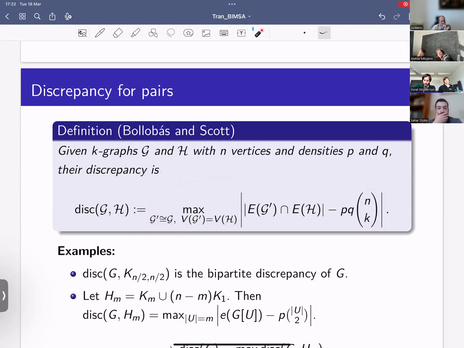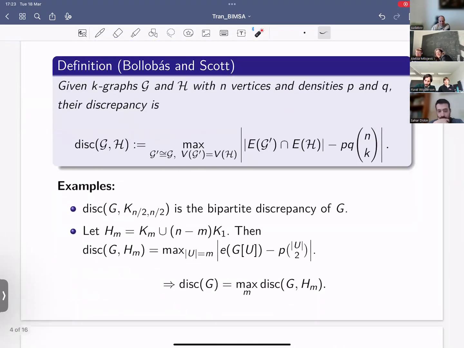Here the maximum is taken over G prime, which is isomorphic to G and has the same vertices as S, and we look at the difference between the number of edges in the intersection of G prime and S, and the expected intersection size.